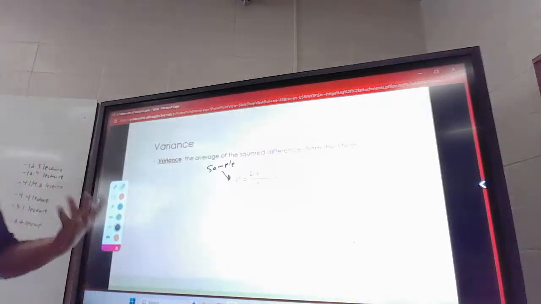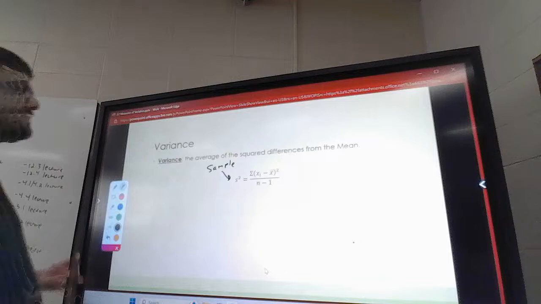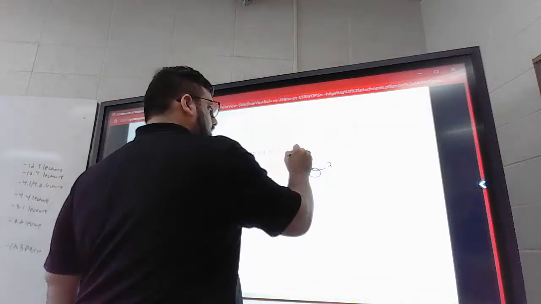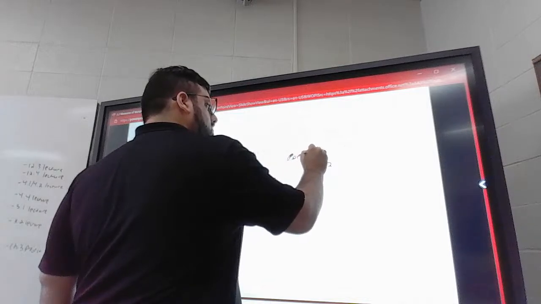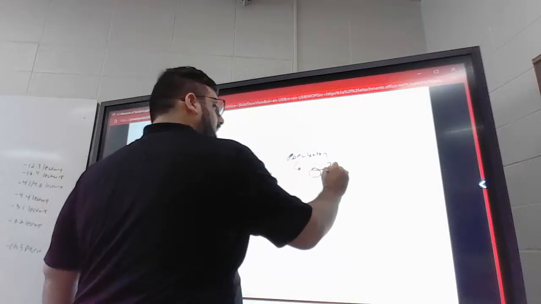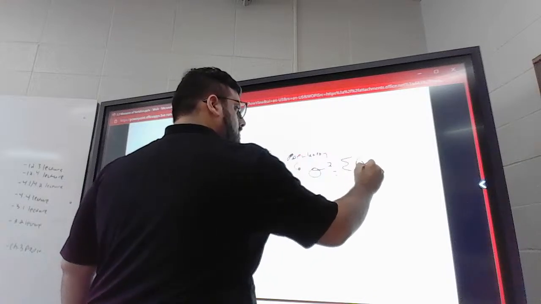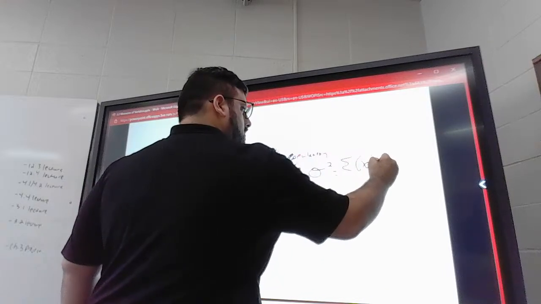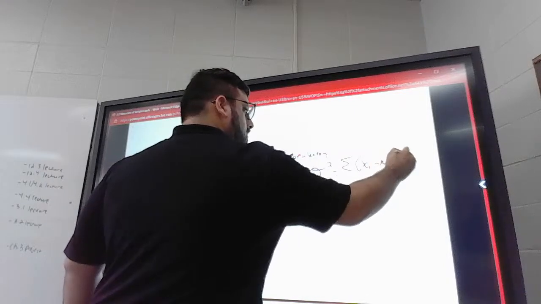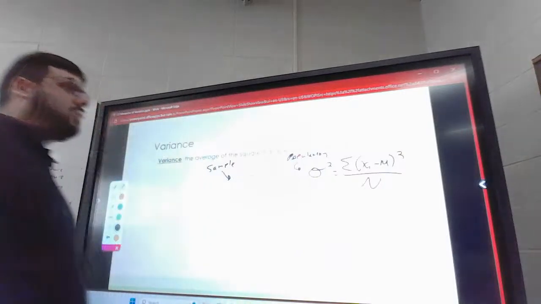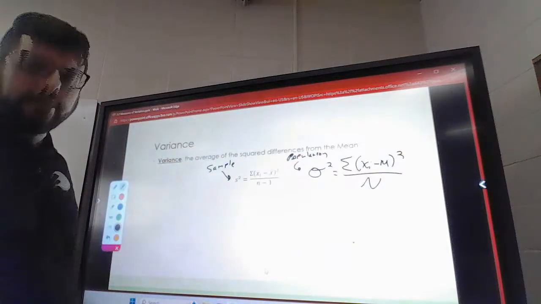You know how we take data from a sample? There's also a population variance, and the formula looks almost exactly the same. They look almost exactly the same, but I will go ahead and tell you the difference.